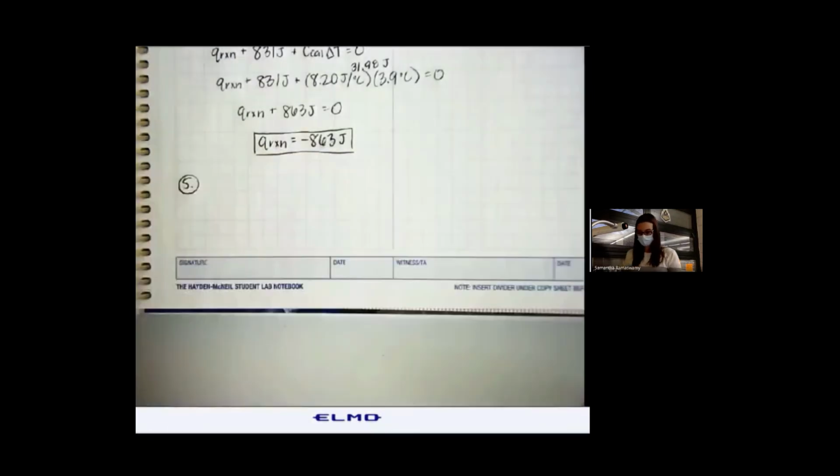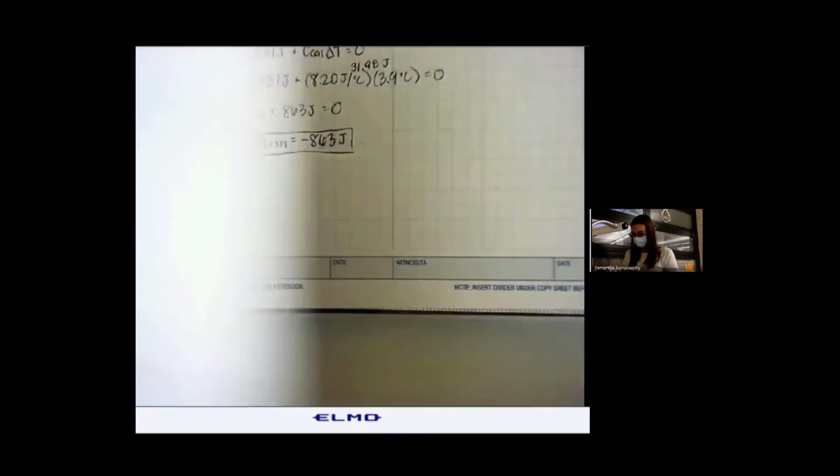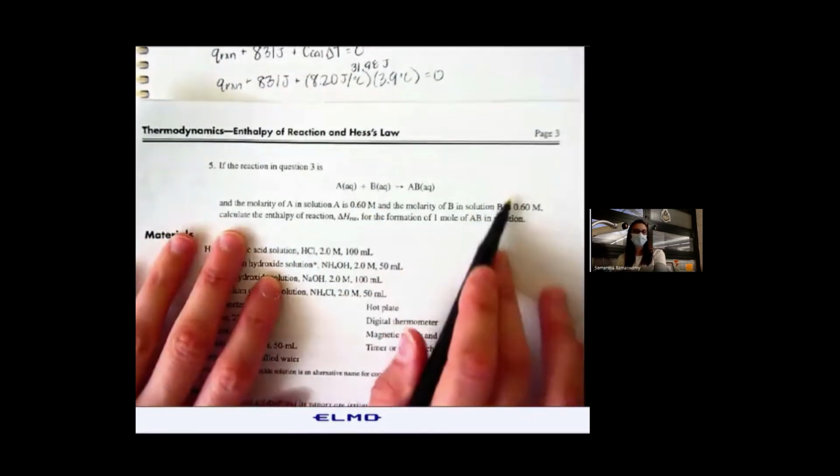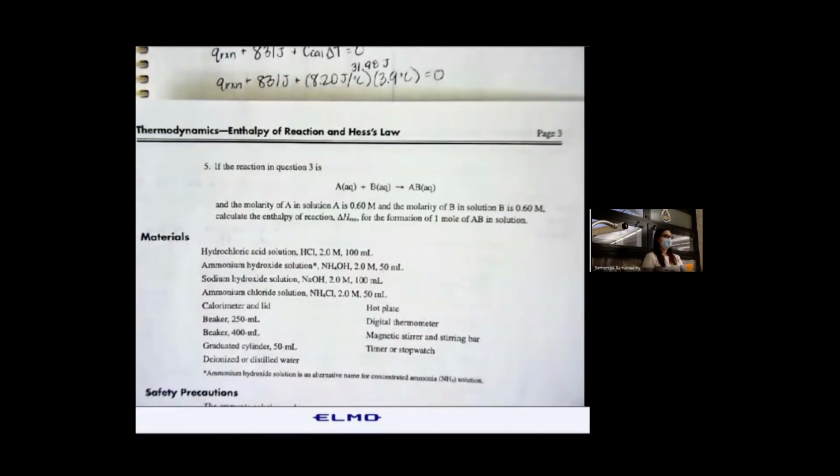Now something to think about. The molarity of A and B is the same. The volume of each solution was the same. It was 25 milliliters of each. Since molarity and volume is the same, moles are the same.